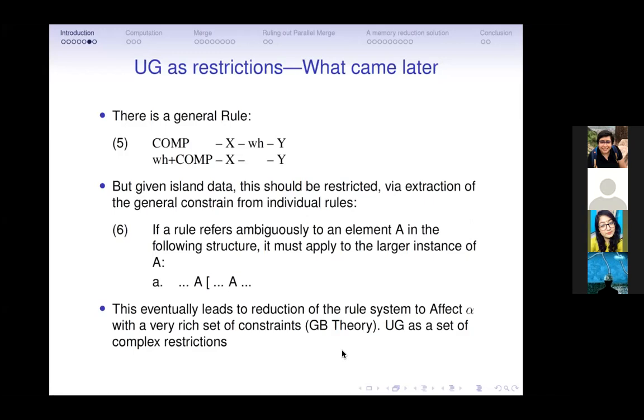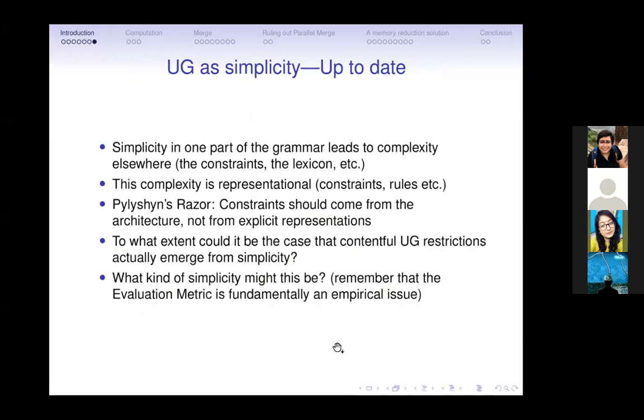Now that in the end became basically what generative grammar became about. Not so much the rules as a very rich set of constraints on how the grammars of human languages used to work. So UG, rather than being seen as a set of ways to make grammars smaller and therefore simpler, was then seen as a set of complex restrictions.